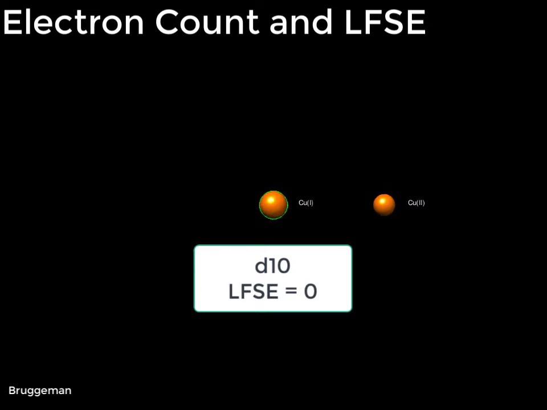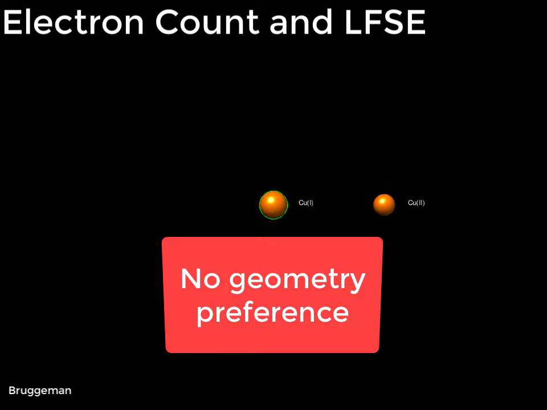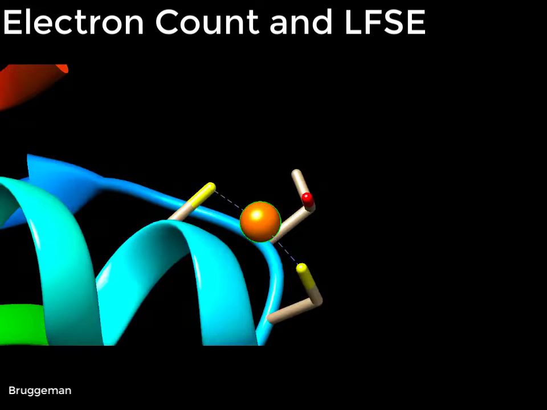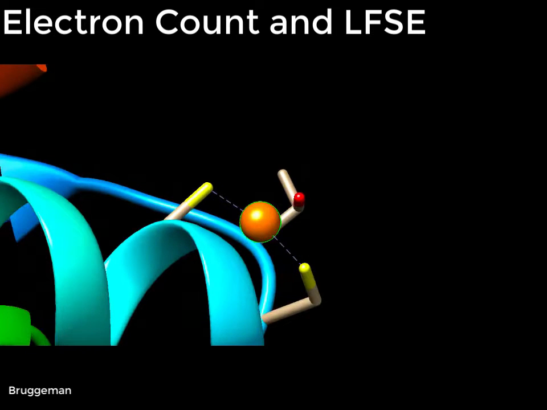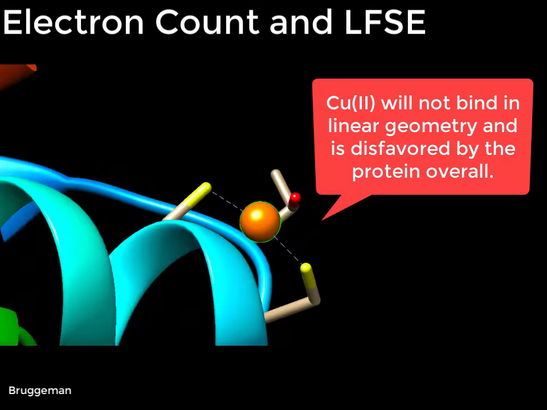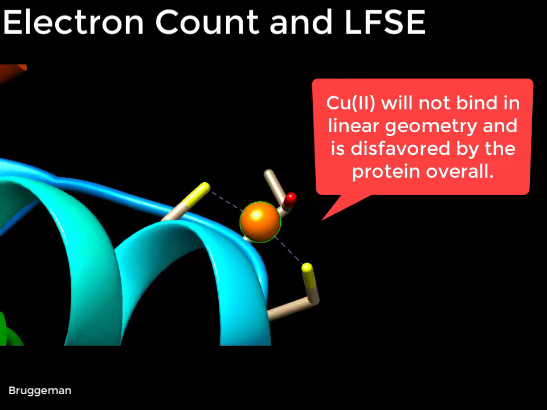This ligand field stabilization energy of 0 means that copper-1 has no energy preference for one binding geometry over another. Thus, copper-1 will bind linearly to the chaperone when copper-2, which is a d9 metal with a non-zero ligand field stabilization energy, will not.